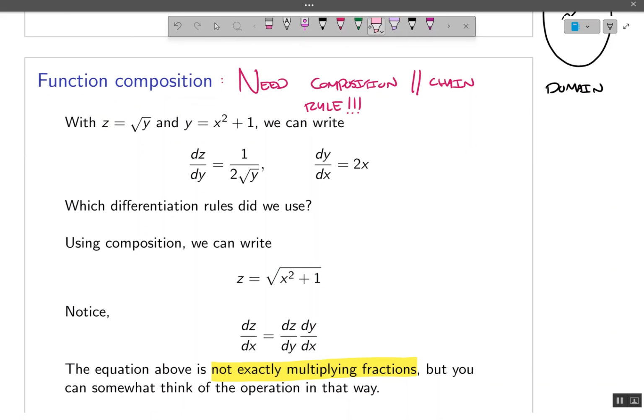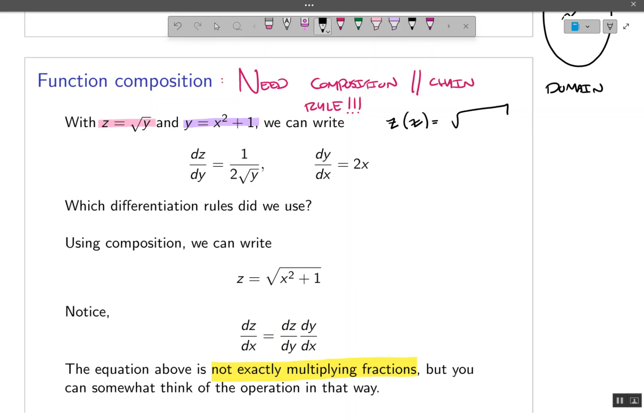So we have this new designation here. z equals the square root of y, and y is x squared plus 1. So another way to write z of x is going to be, well, we take the square root of something.